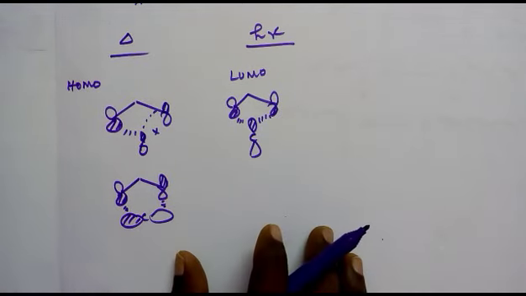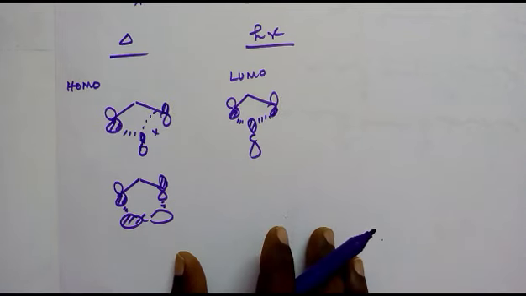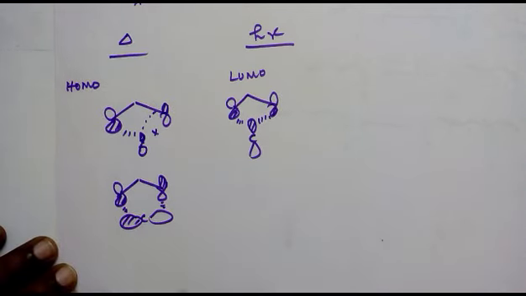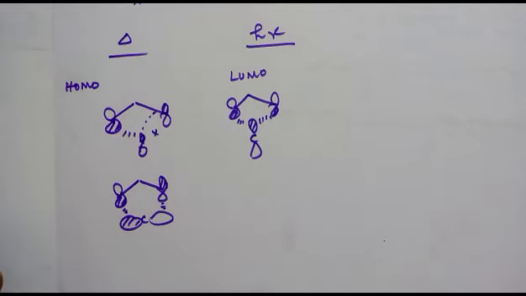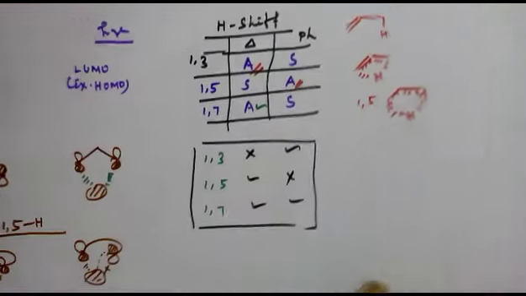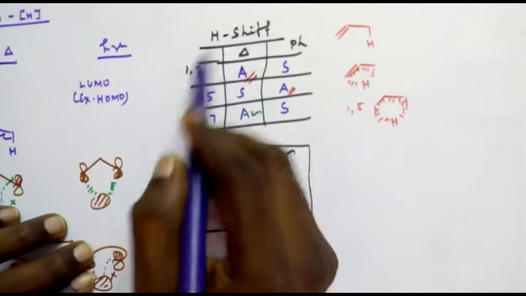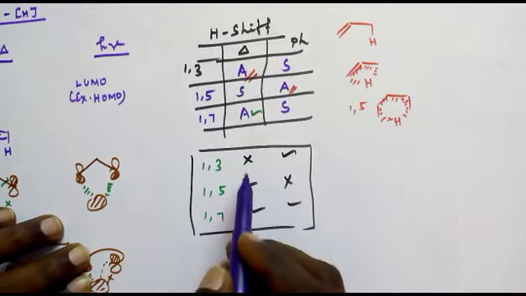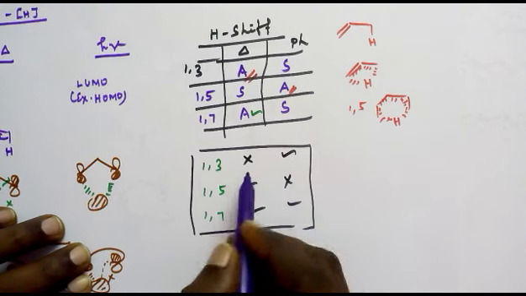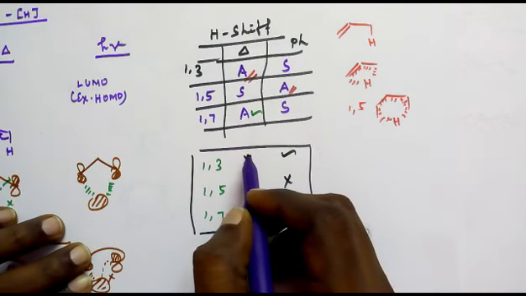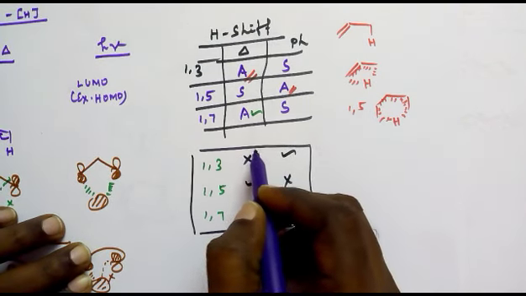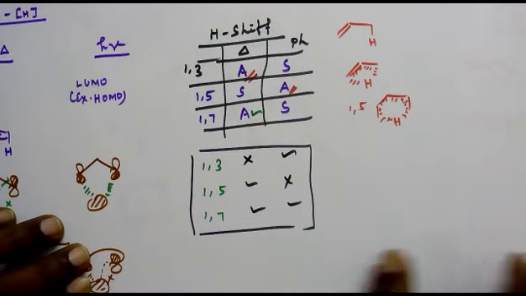So this way, 1,3 carbon shift is allowed thermally. But hydrogen is not like that: the 1,3 thermal hydrogen shift is antarafacial and is not allowed. In the case of carbon, it is possible because carbon uses both of its lobes.